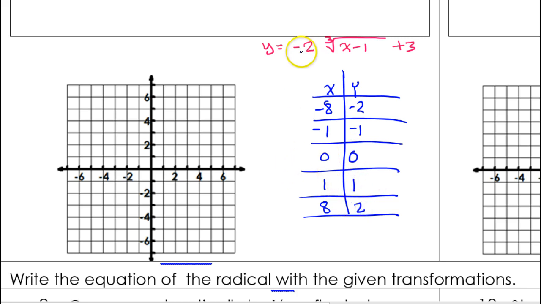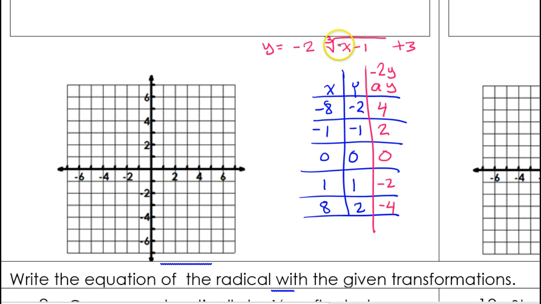Now, when you have an a value other than 1, you make a new y column. So that's what I'm going to do right now, make a brand new y column. And you just simply do a times y. So I'm going to do -2 times all these y values. That's going to give me +4, +2, 0, -2, and -4.